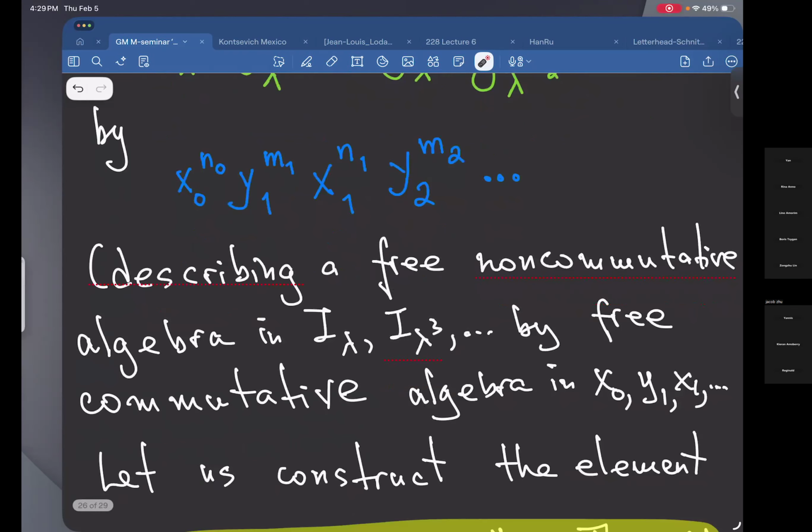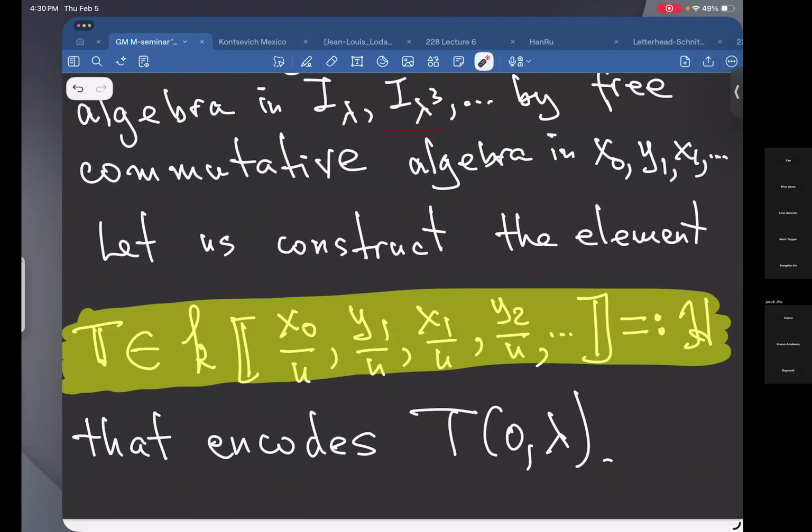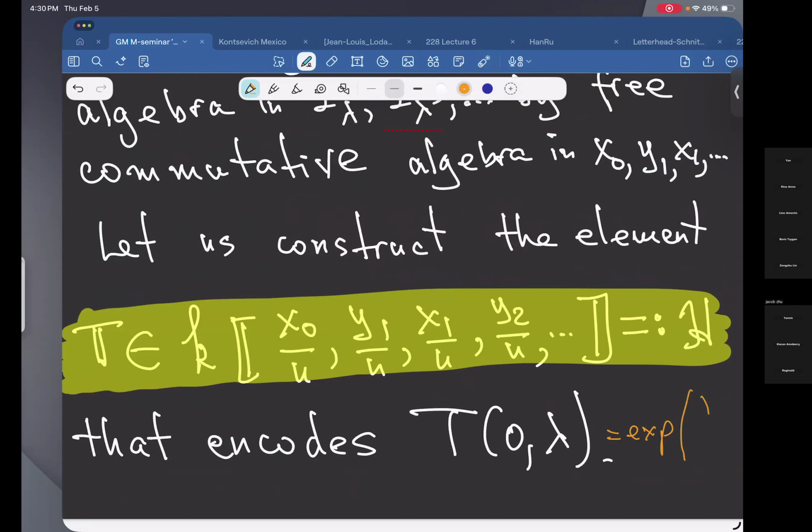Maybe just let me say that there is a natural way, and those operators that I am going to describe, namely, for example, this operator. So in the classical, in the previous life, it was an exponential.